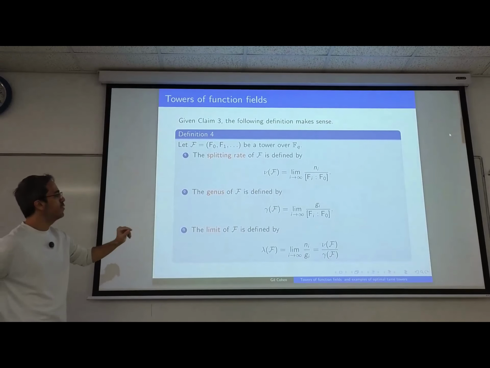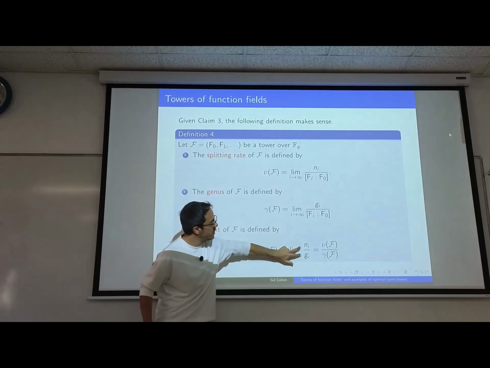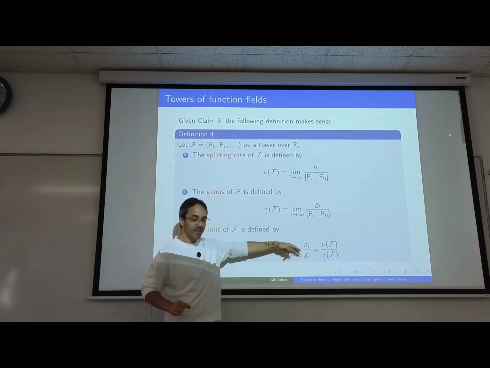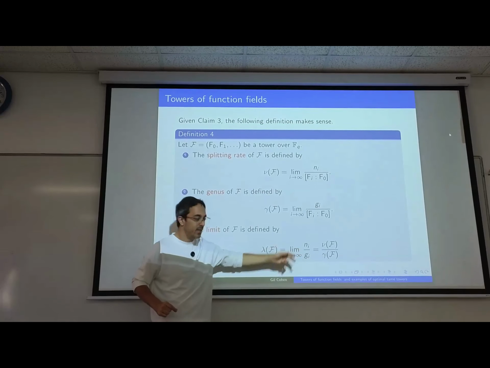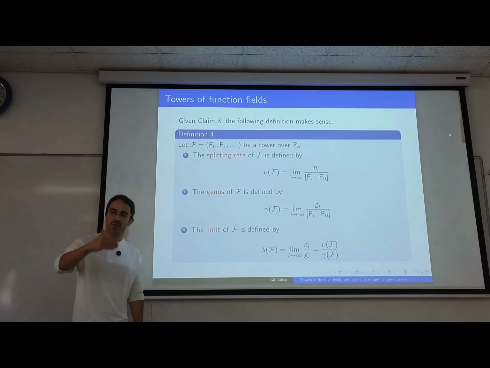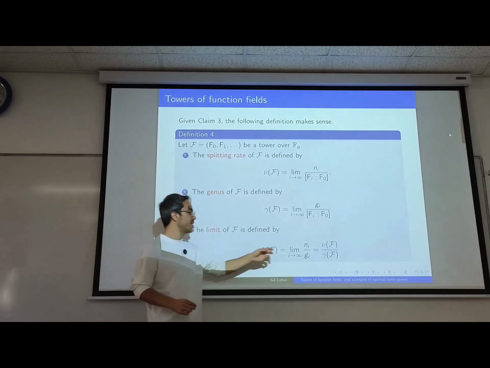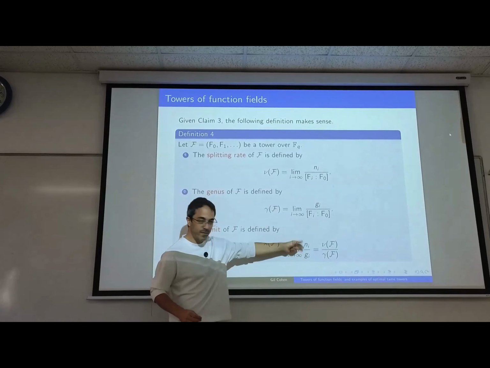And we want this number, if you remember when you looked at the AG code, the Goppa code, this appeared as the reciprocal, g over n, and that was how much you lose. The relative distance plus rate was 1 minus the inverse of that.